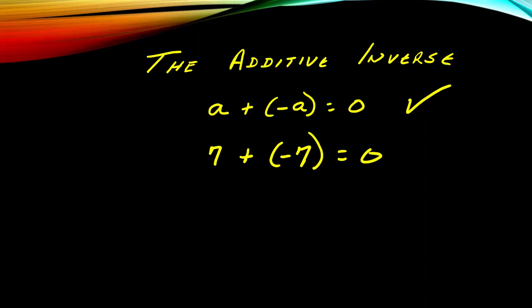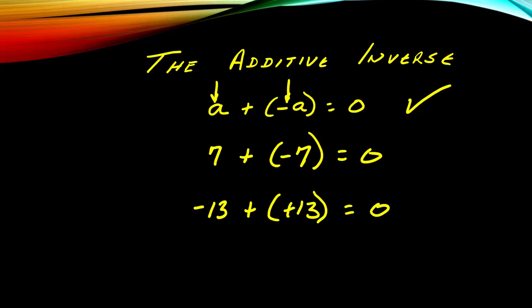We could say, now look, this a is the opposite of this a. So if I had negative 13 and I want to zero that out, I'm going to add the opposite of negative 13, which is a positive 13, and that equals 0.